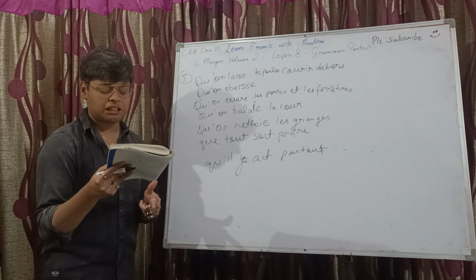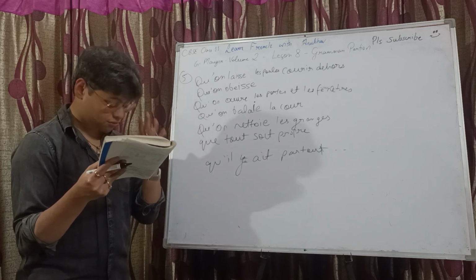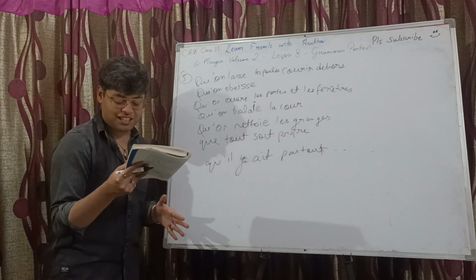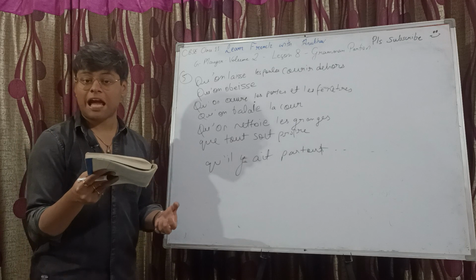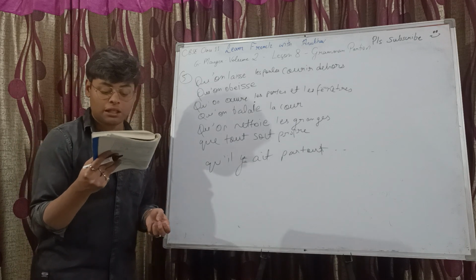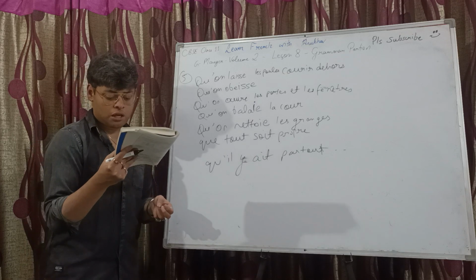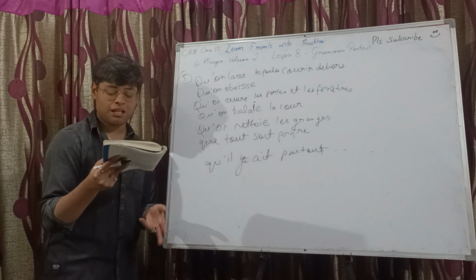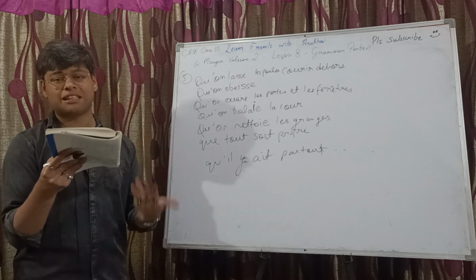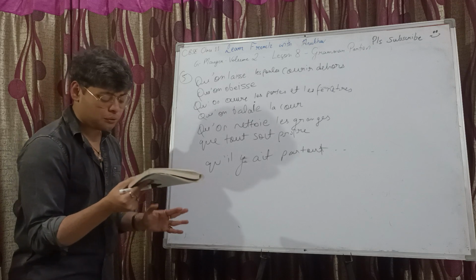Oh God, this is a tongue twister indeed. Whatever it is, adjectives of which the masculine form does not end with an e. Write those in the masculine and feminine singular form and in the masculine and the feminine plural form. I'm not going to do this exercise. Please do it on your own.